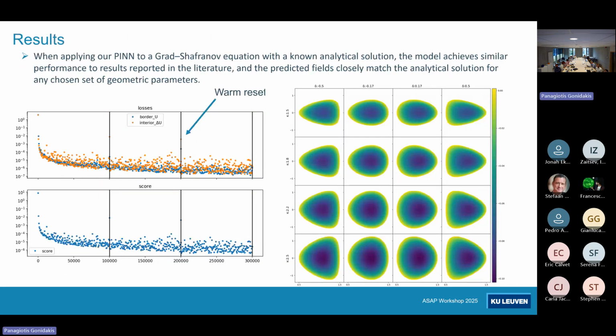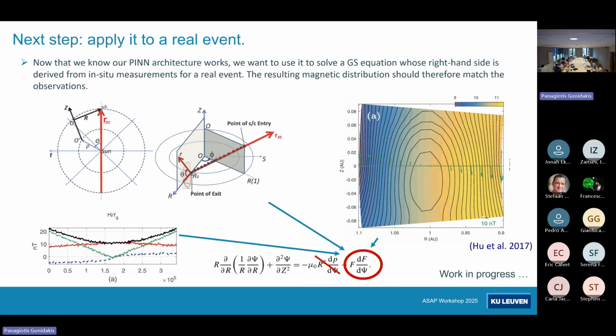Okay, so what is the next step? Now that we know that the code works pretty well, we want to use it to study a real case in EUHFORIA. And for that, we want to use it for a solution where we don't know the exact solution of these equations. For that, we will use the Grad-Shafranov equations.